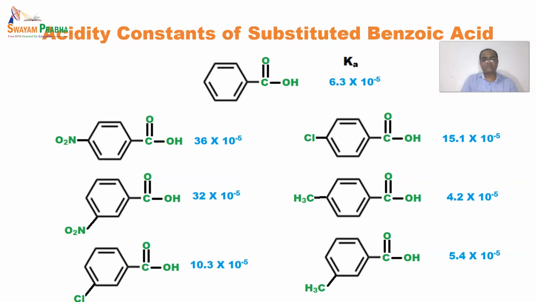And we will see what the ortho effect is. These are different things: whenever we have an ortho substituent, whether it is electron withdrawing or electron donating, it increases the acidity. So we will see what actually happens.